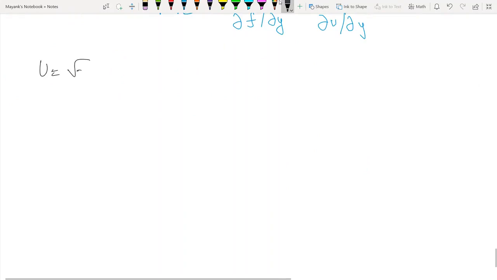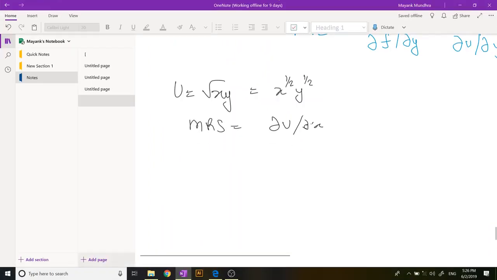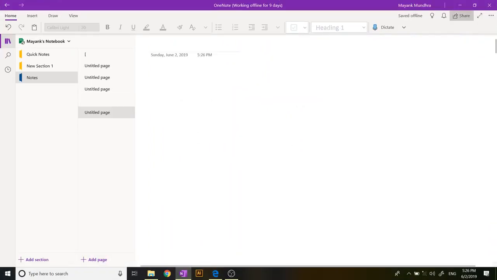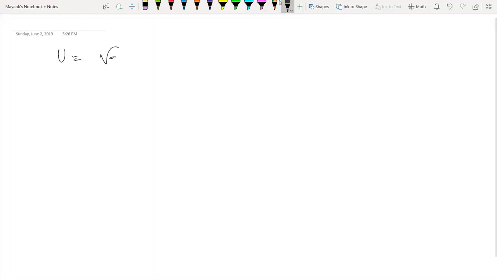So u equals to under root xy, that is x to power half into y to power half.